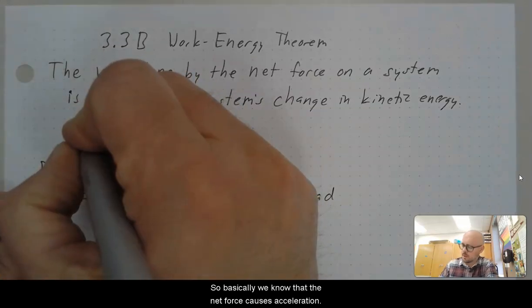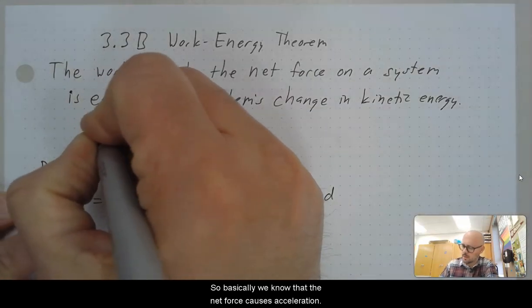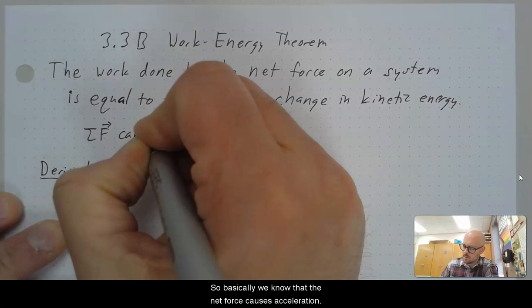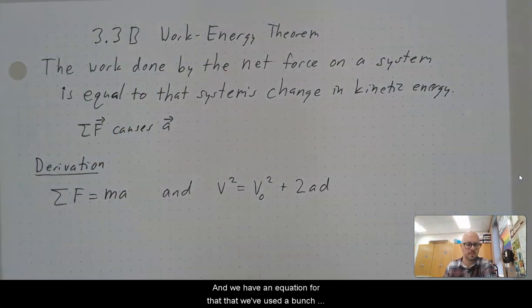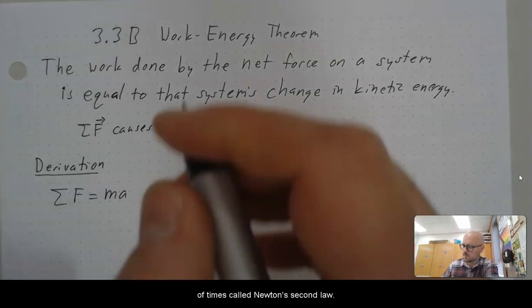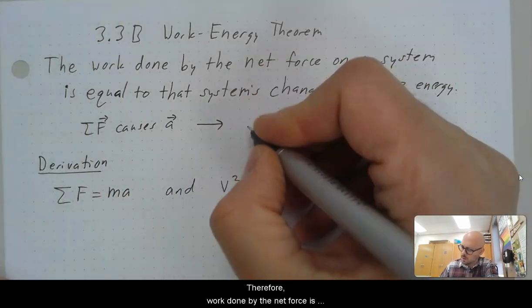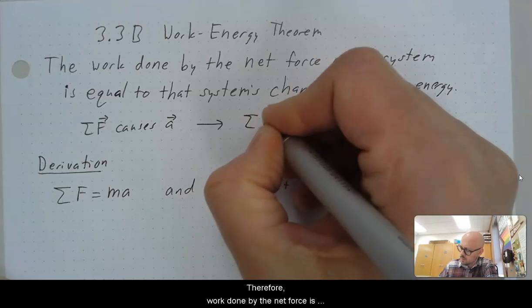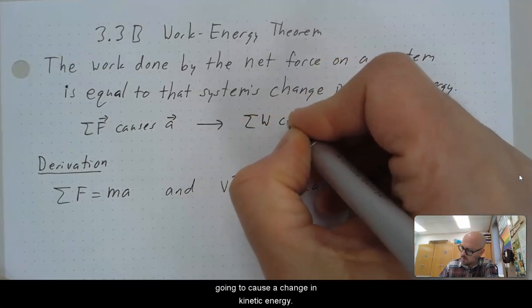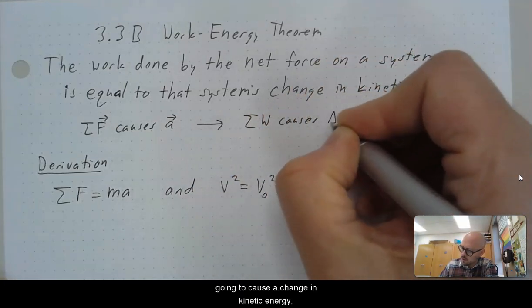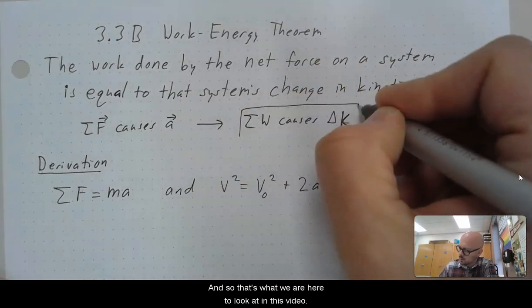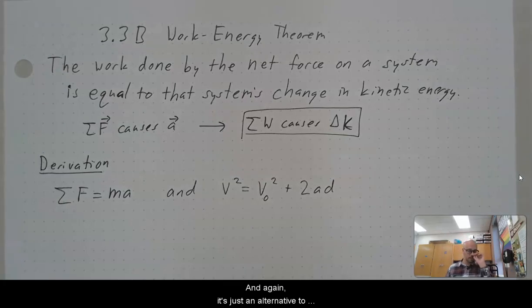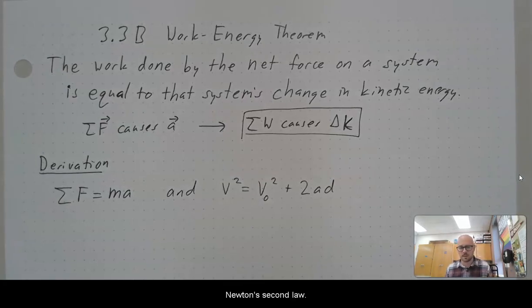We know that the net force causes acceleration, and we have an equation for that we've used a bunch of times called Newton's second law. Therefore, work done by the net force is going to cause a change in kinetic energy. That's what we are here to look at in this video, and again, it's just an alternative to Newton's second law.